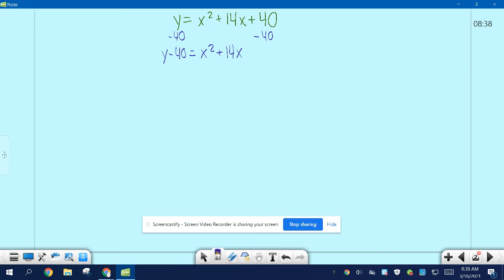A, the number in front of x squared, is already 1, so you can just go on to the next step, which is we need to find that magic number. What number are we adding to both sides? So we need to take 14, half it to get 7, and square it. So that would be 49. We're going to add 49 to both sides.